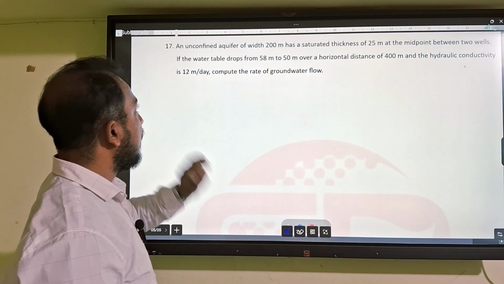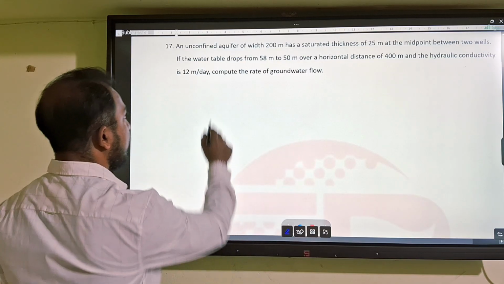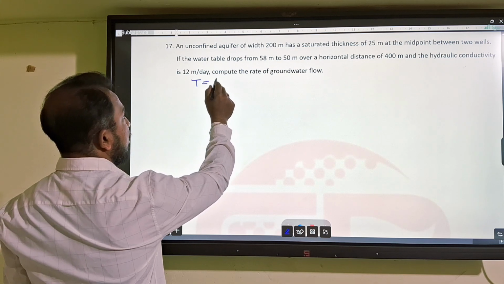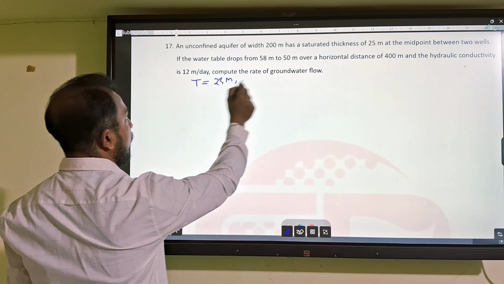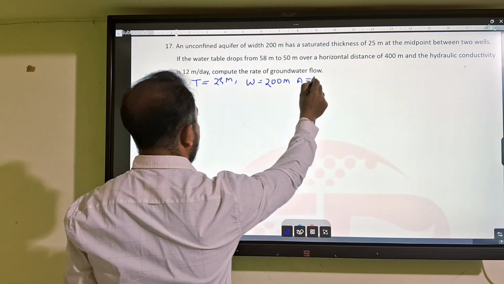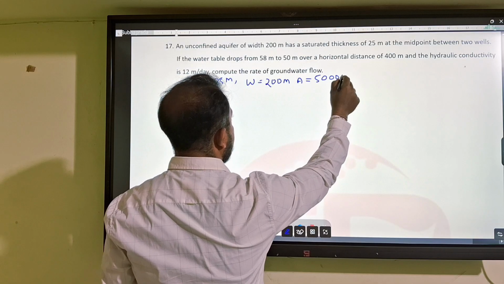Then another question, in an unconfined aquifer of width 200 meters, it has given thickness 25 meter, width 200 meter, so area will be 5000 meter square.